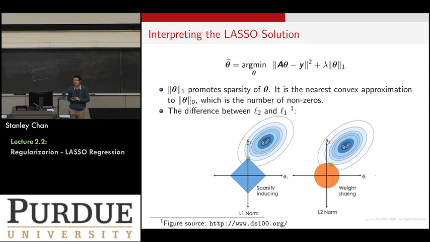Now, what is the 1-norm? The 1-norm, if you draw it out, is a diamond. It's a very interesting structure. So when you do the same thing, you try to minimize a certain objective function, and when it hits a diamond, you have to hit one of the 4 vertices. Okay.